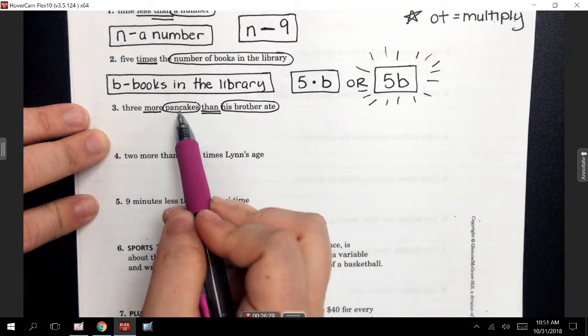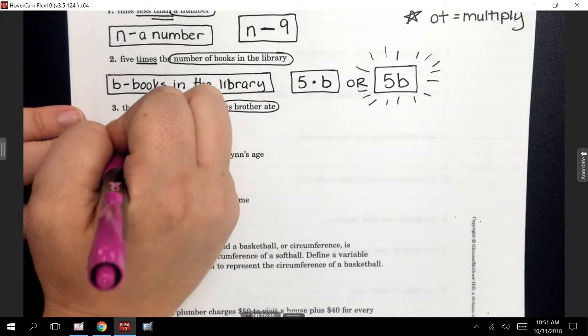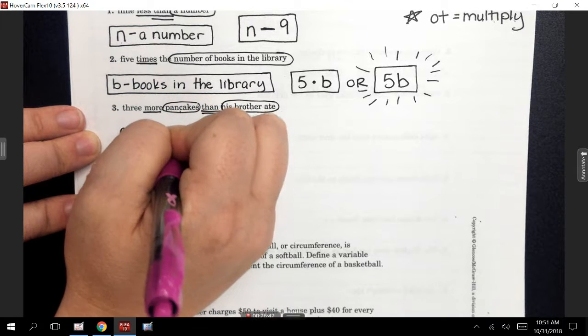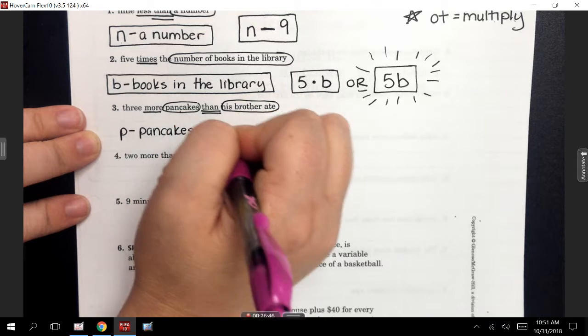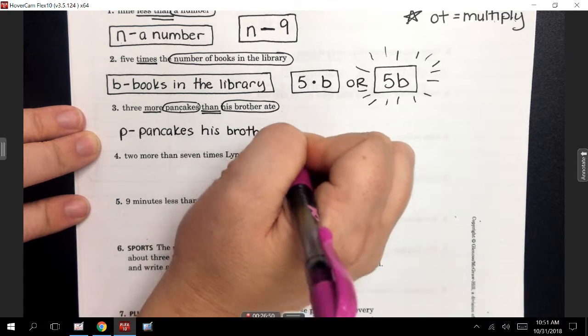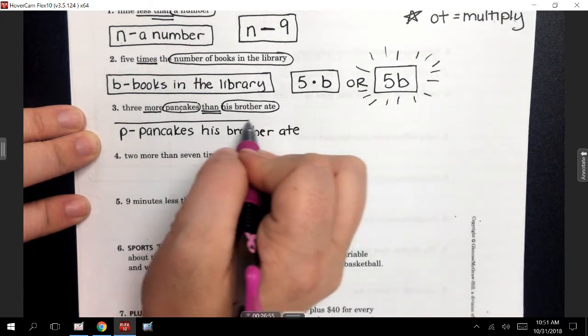That's going to be my letter. What's a good letter for that? P. We're talking about pancakes. So P is pancakes. Pancakes his brother ate.